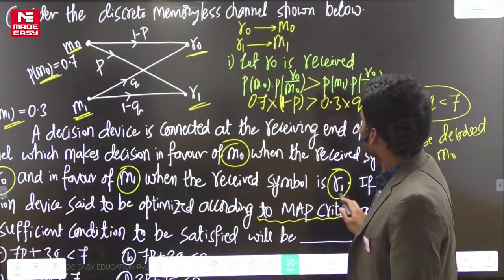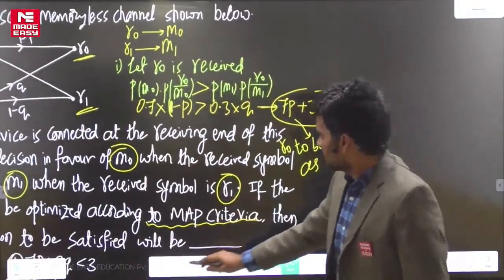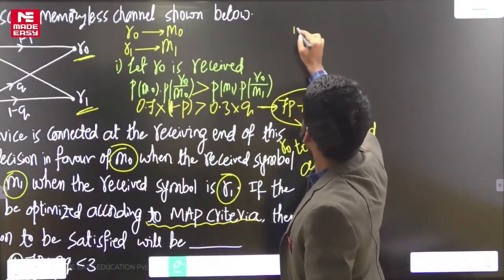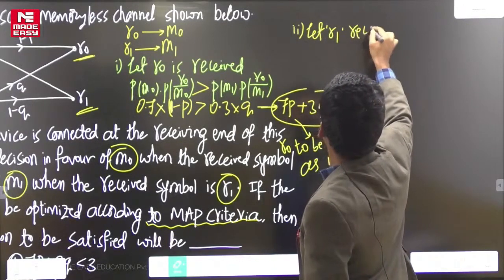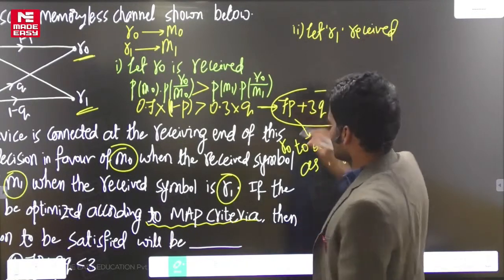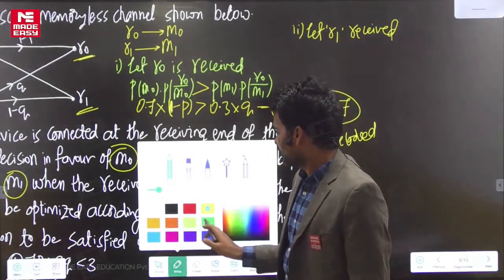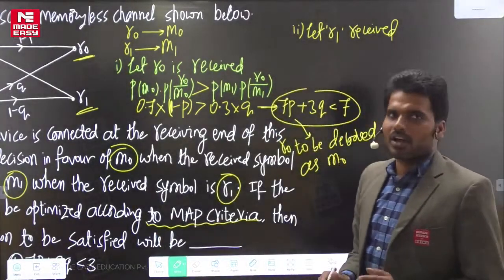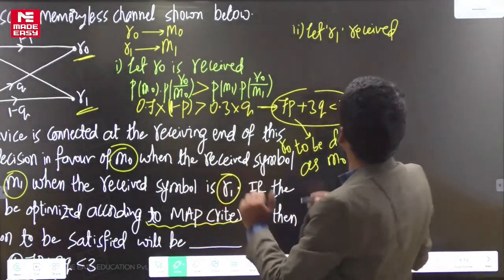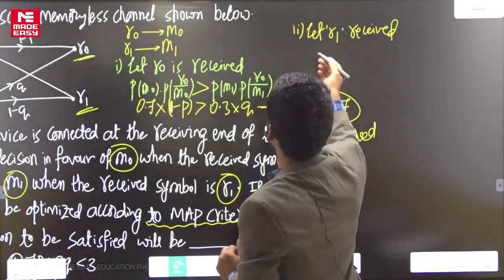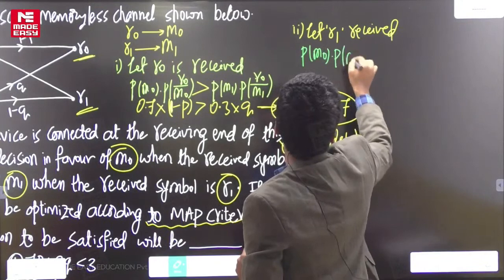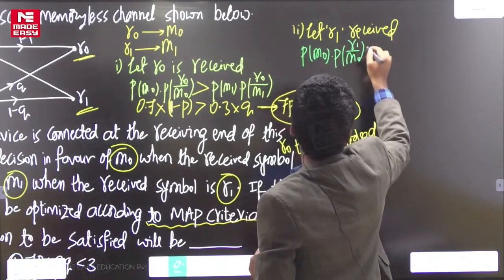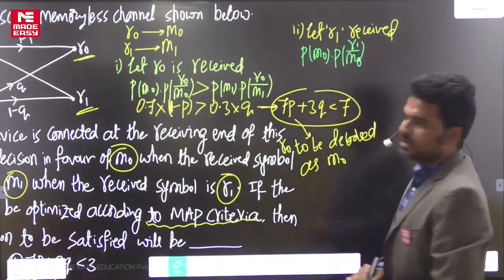Next, let's take the second case, that is R1 received. For R1 to be received at the receiver side, what are the possibilities? One possibility is M0 emitted and M0 received as R1.